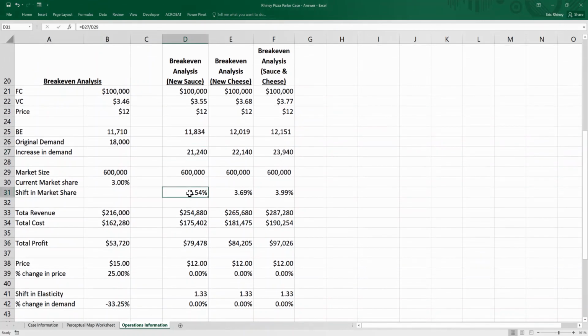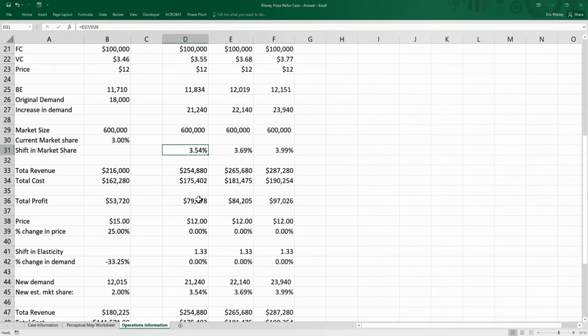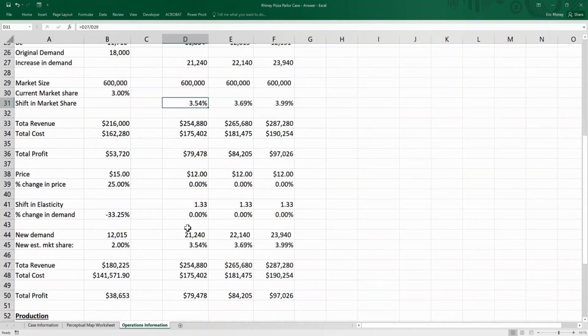All right, that would be 3.54% market share instead of this 3%. We can see what our profitability is here based on that. So our profitability has gone up, and that's without any change in price.